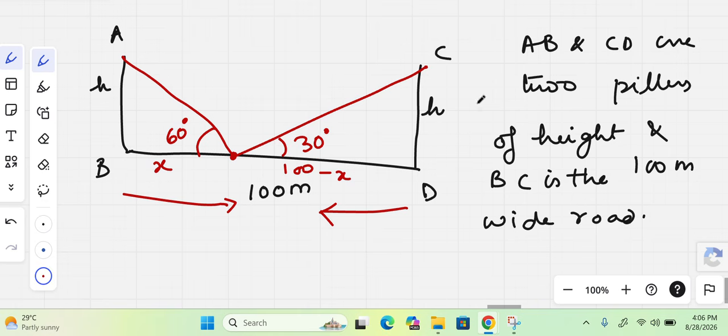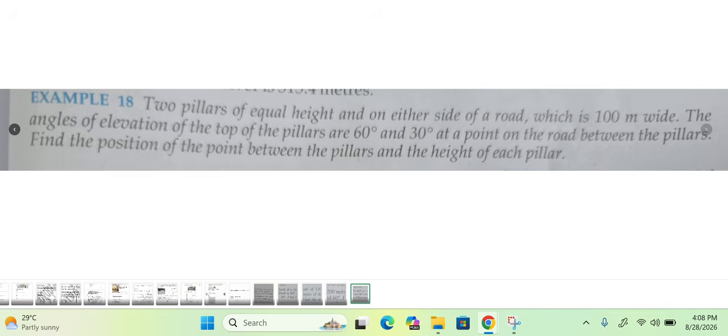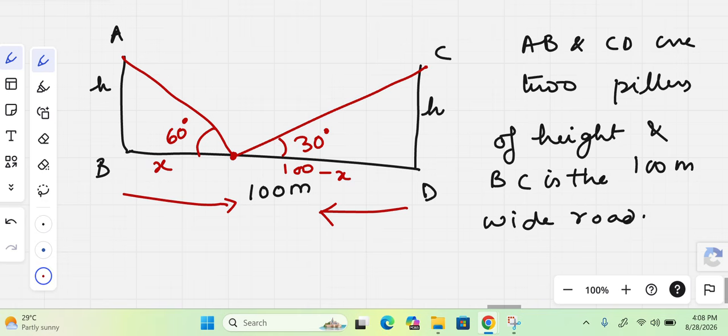Do it, kids. If you want help, let me know. Chalo, kids, done? Did you do this question? Did you find? Still doing? Anybody who found? Anybody wants to help me do this question?